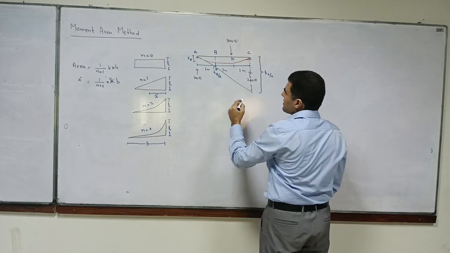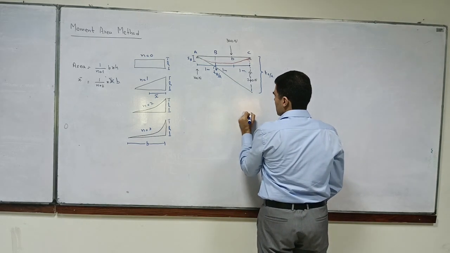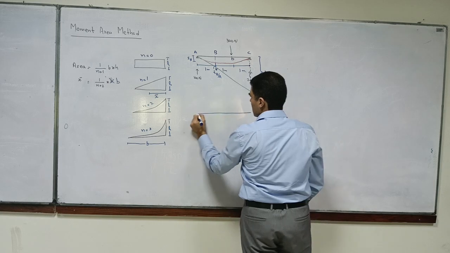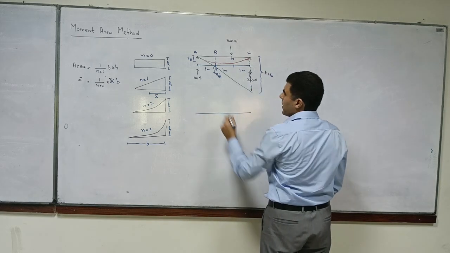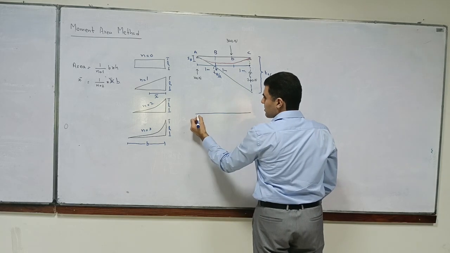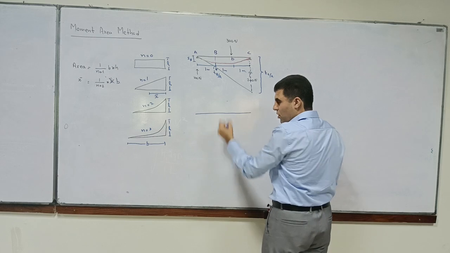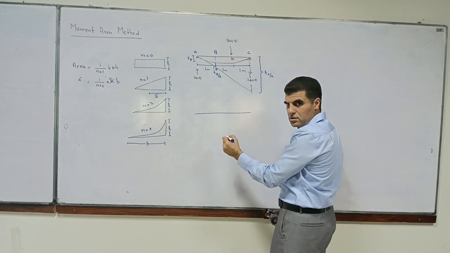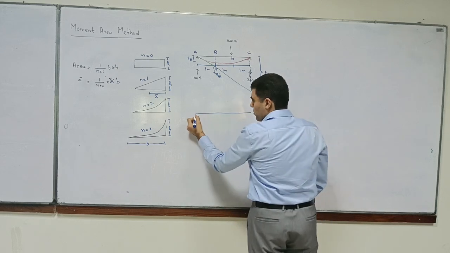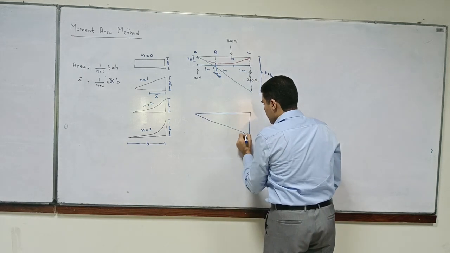So let us take the fixed point at C. 100 into 3 is 300. Should it come above or below? Below, according to our sign convention, that is positive. So this is our 300.